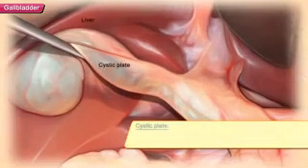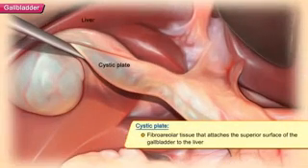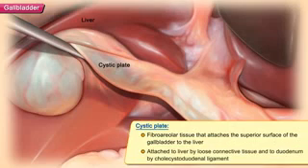The cystic plate is a fibroareolar tissue that attaches the superior surface of the gallbladder to the liver. It is attached to the liver by loose connective tissue and to the duodenum by the cholecystoduodenal ligament.